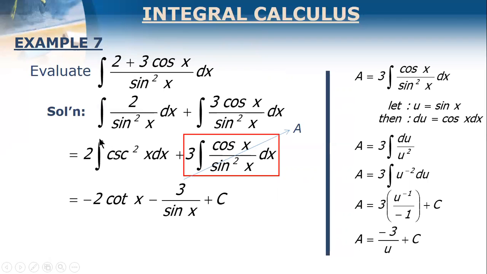Negative, because the integral of cosecant squared is negative cotangent. From the basic formula, basic trigonometric functions, the integral of cosecant squared x is negative cotangent x. And then the integral of this one, negative 3 over u.